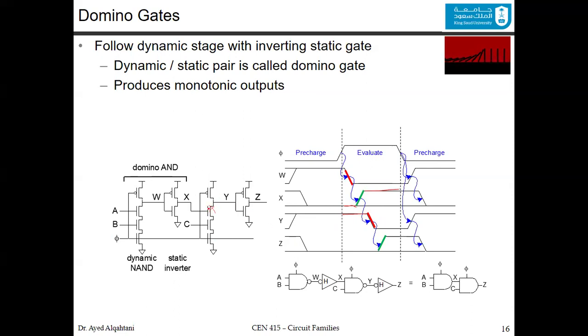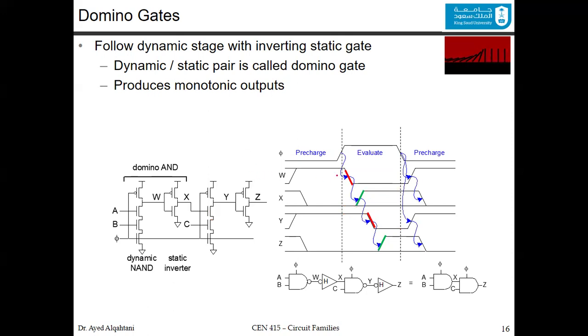So now the X is 1. And this is also, let's suppose, 1, connected. So you have a path going to the ground, and the Y will be 0. This is a NAND behavior, a dynamic NAND behavior, where 0 is 1 and 1 is 0. So there is no trouble here.